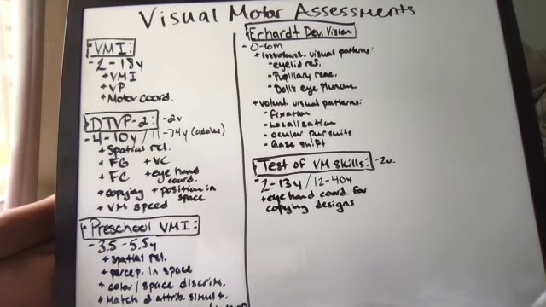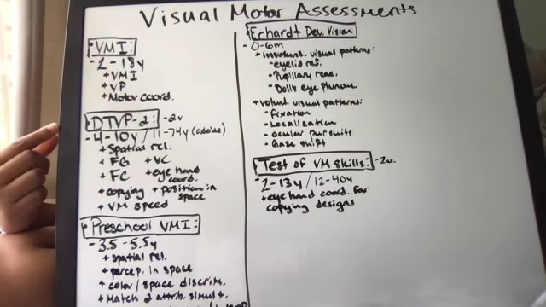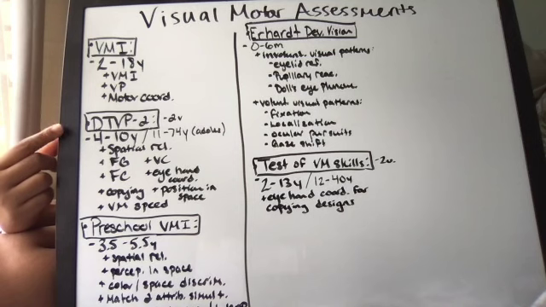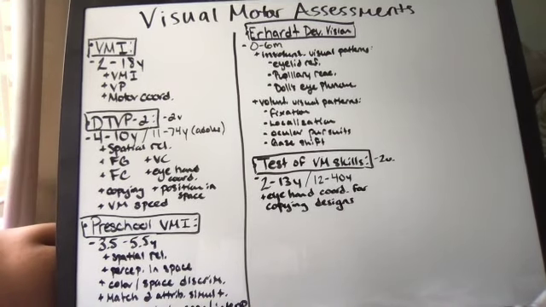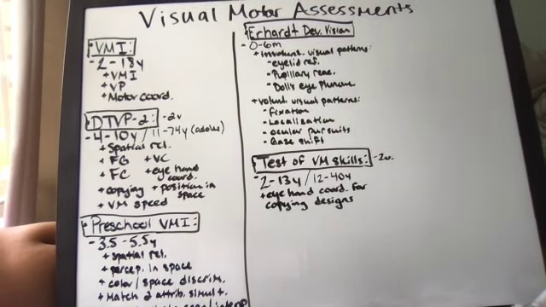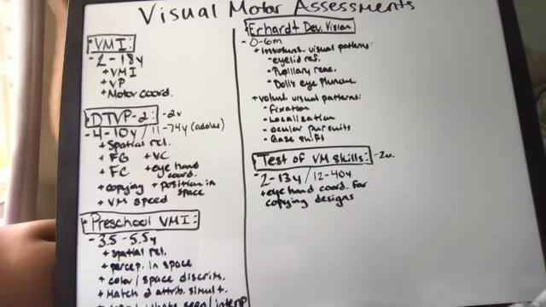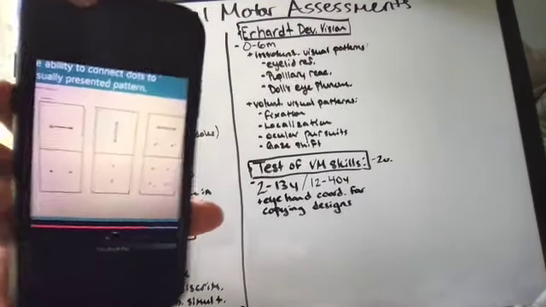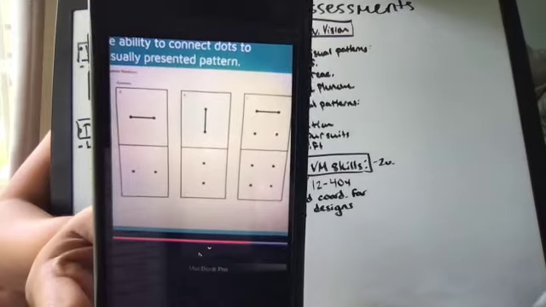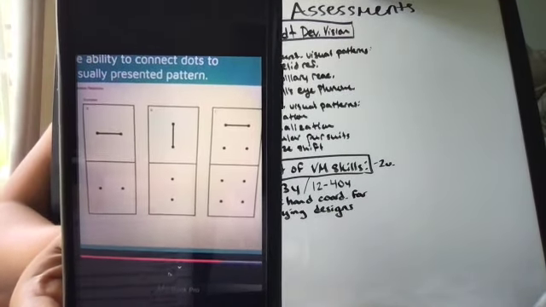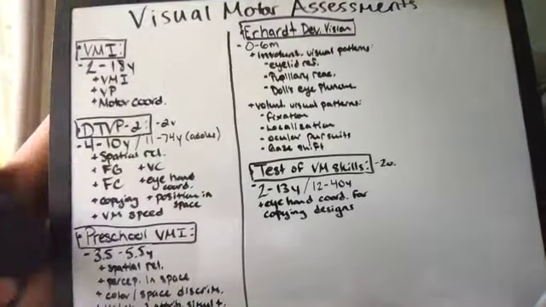So the first one here is spatial relations. This subtest is actually going to measure the ability to connect dots in order to reproduce a visually presented pattern. So what does that look like? Right here. They're going to have to connect those dots in order to make that design that's up at the top.